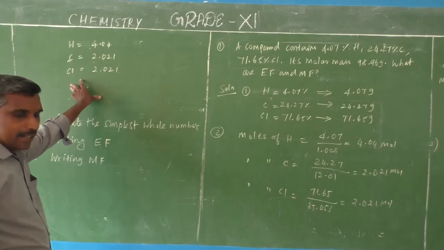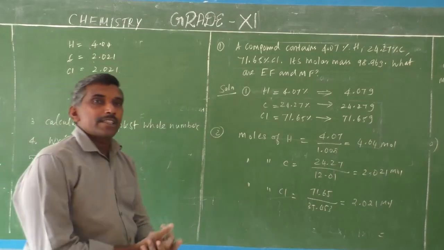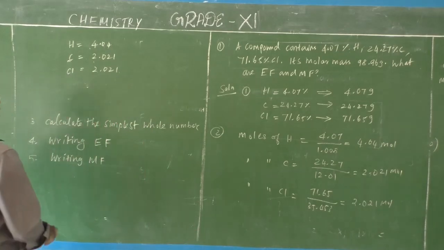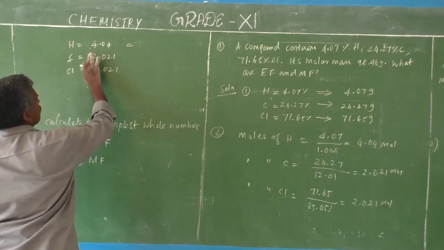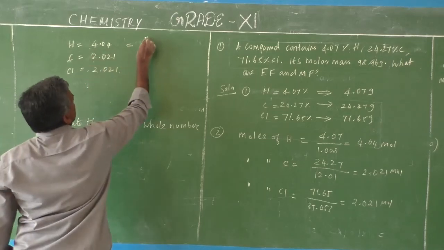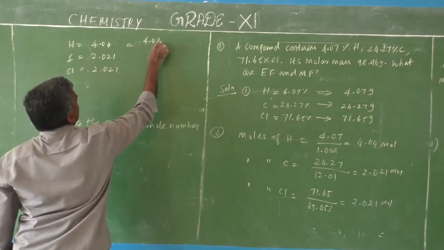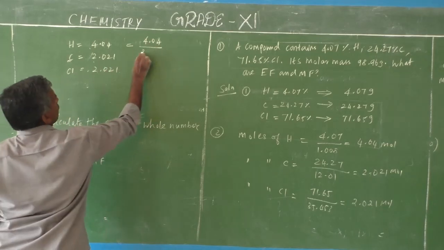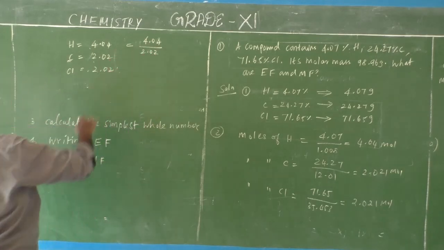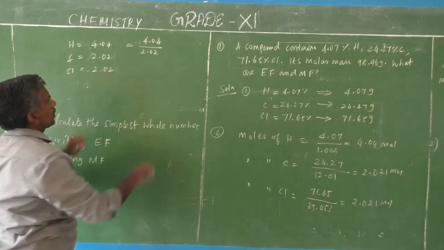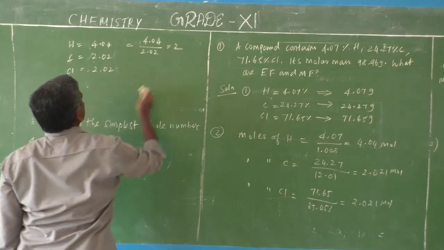This number has to be converted into a whole number. Very simple method. Which is the smallest number? This is the smallest number. You take the smallest number, 2.02, and divide by it. You take two digits after the decimal. So what is the value? 2. Simplest whole number.